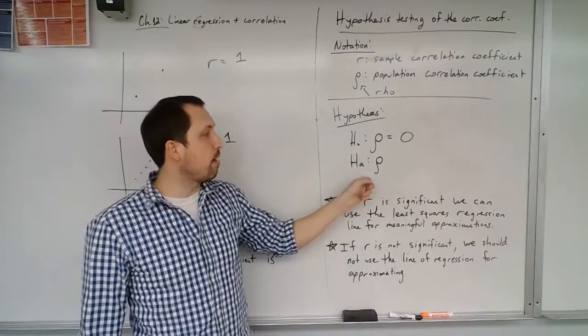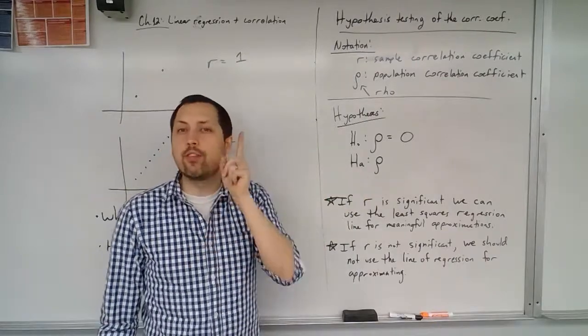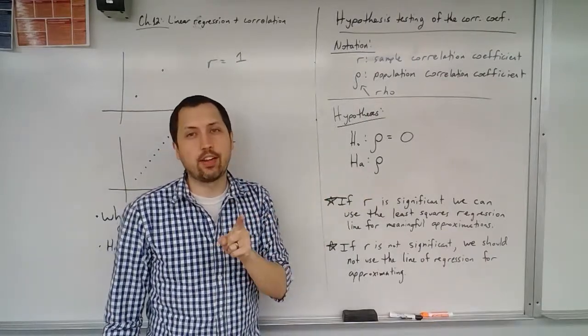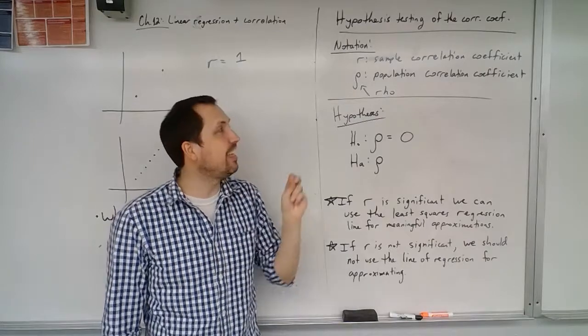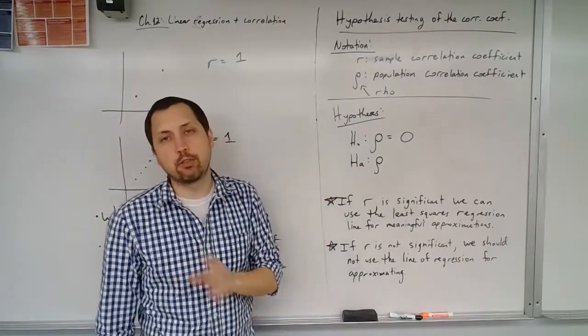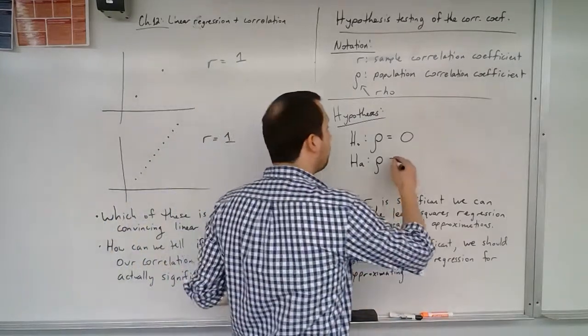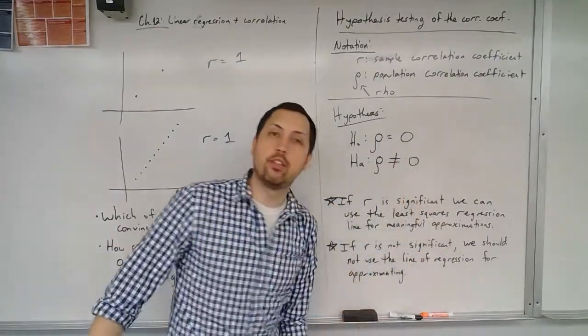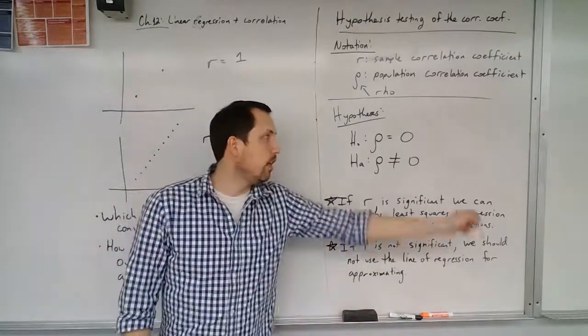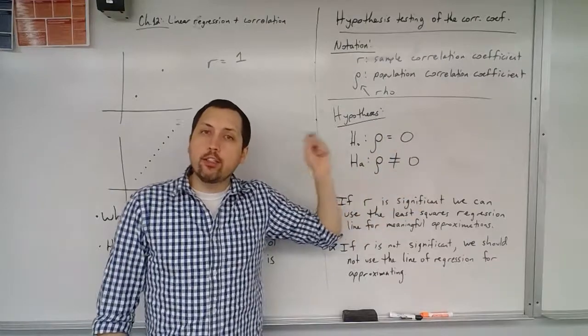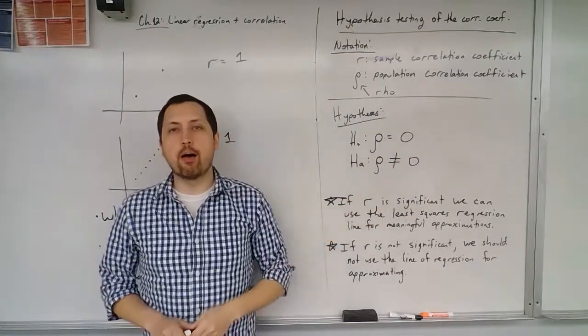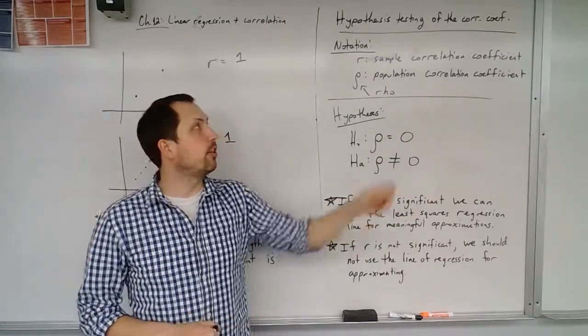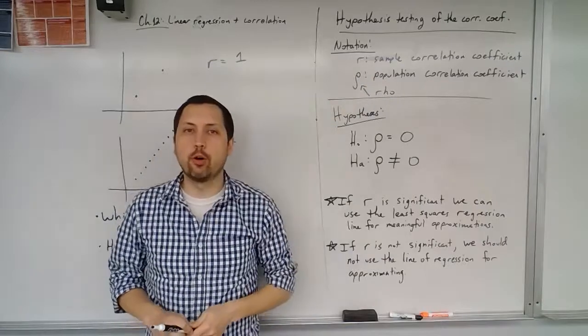And then the alternative hypothesis says, but wait, what if there is a significant difference? What if there is indeed some linear relationship? Well, then we're going to say that rho is not equal to 0. Now, this is always going to be your hypotheses when you're doing your hypothesis testing on the correlation coefficient.